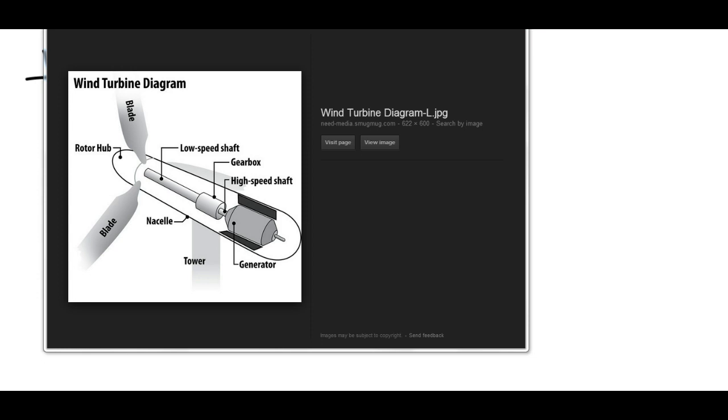That high-speed rotation of the high-speed shaft turns a magnet inside a coil, and that magnet and coil is positioned in the generator, right? So the magnet starts to turn, and this generates our electricity. So this whole thing is referred to as the turbine, which is a component in the windmill. Good.